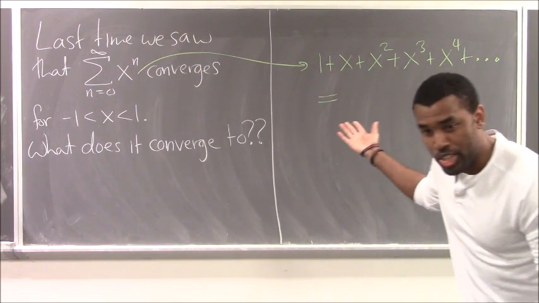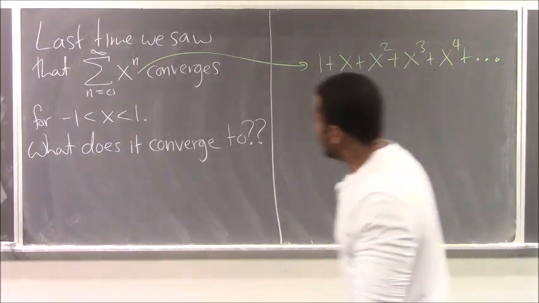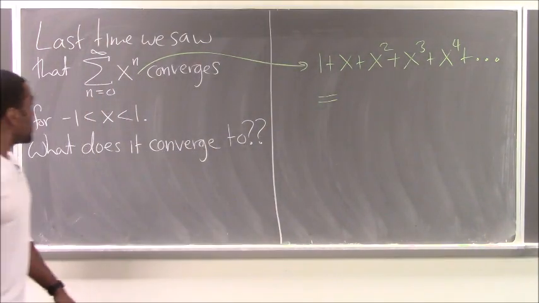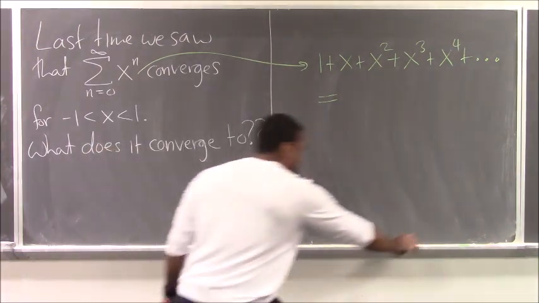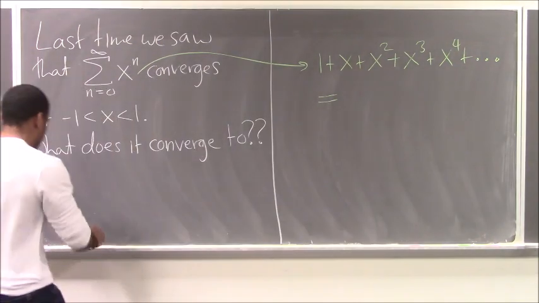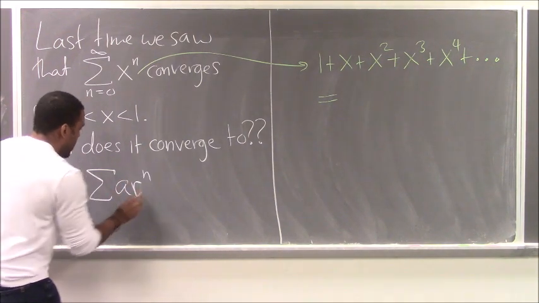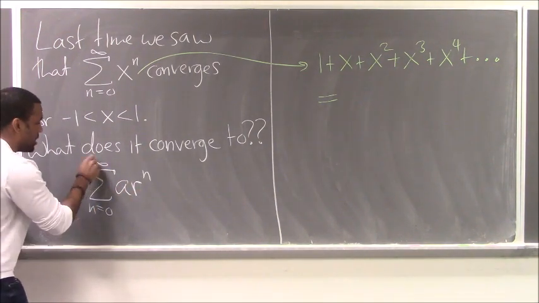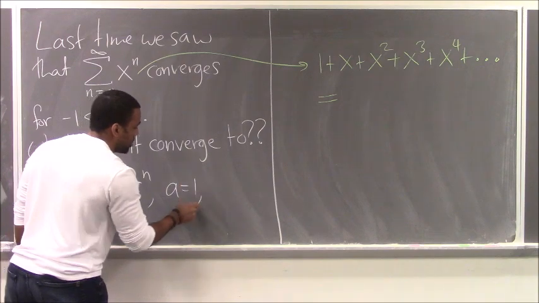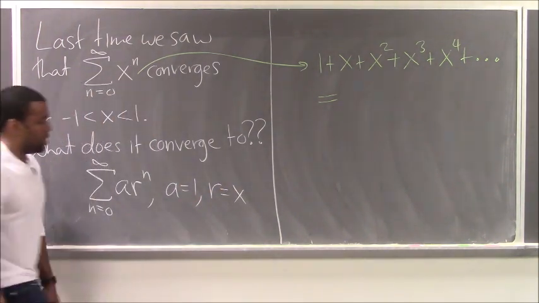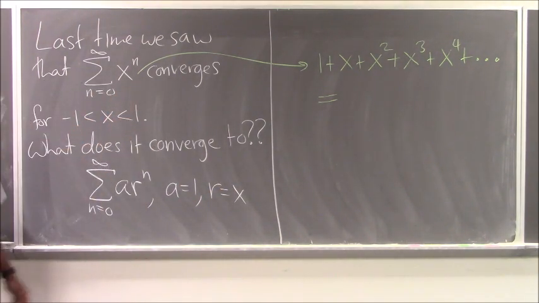It's actually a geometric series, right? Notice it has a pattern. It kind of looks like if you take a(r) to the n, n goes from 0 to infinity, and you set a equals 1 and r equals x, you actually end up with that guy.